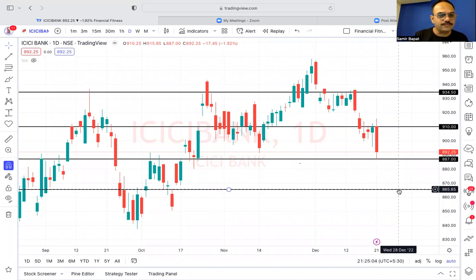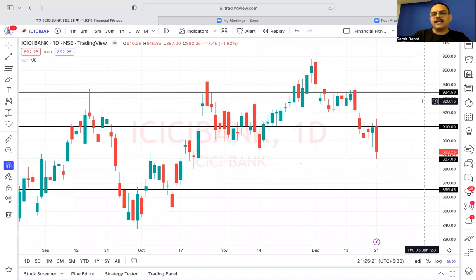Tomorrow or day after tomorrow, it may take 1 day, it may take 2 days, but it is likely to go and stop there looking at the support. Same will happen when it is going up. First it will face some resistance here, and then here. So this is how you can find out the support resistance levels also.